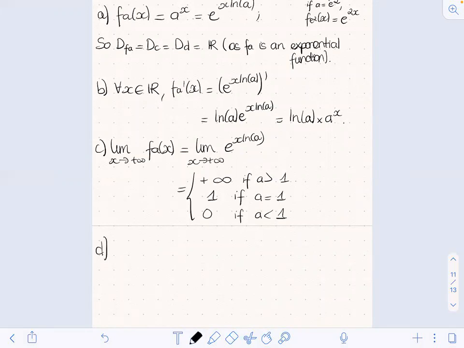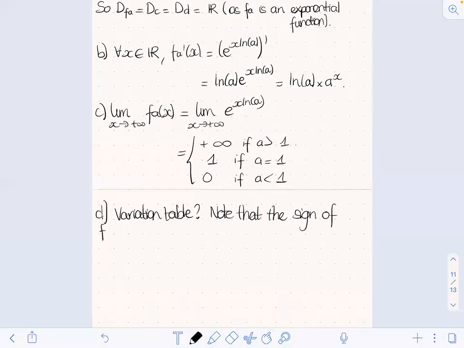And one thing that we can note, if we want the variation tables, is that the sign of FA prime is equal to the sign of ln of a.